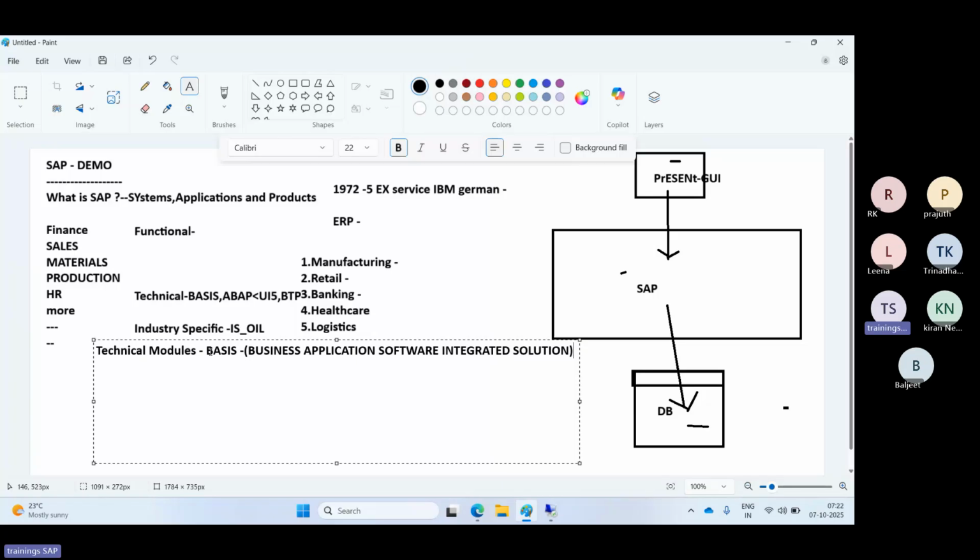Basis admins are the technical architects. Our responsibilities include integrations, stopping, starting, and maintenance. We have common tasks to perform on a daily, weekly, monthly, and yearly basis. On the cloud side, HANA DB administration we are also going to discuss as part of this course, along with introductions.